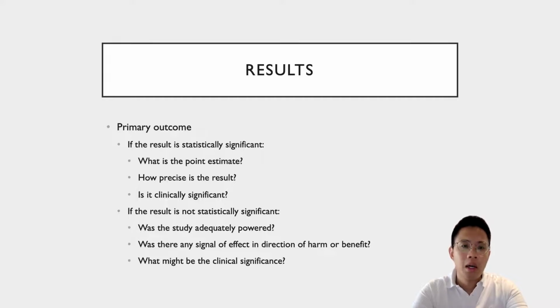We'll be talking about power calculation in the RCT talk, but this is important to bear in mind, because if a study is inadequately powered and not statistically significant, the next step may be to consider conducting a larger study that may then achieve statistical significance. Apart from that, we also look at whether there's any signal of effect in the direction of harm or benefit. And ultimately we make the judgment call of what's the clinical significance and how we apply the results even if they are not statistically significant.